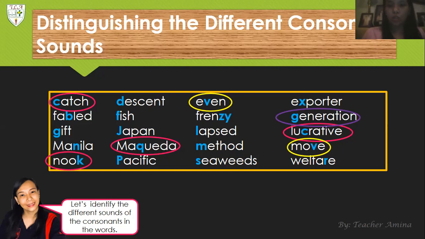So is it gift? Does the word gift have the same consonant sound as generation? No. Okay, they have the same letter, but they don't have the same sound. But it has with Japan.